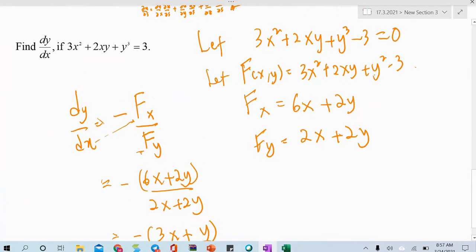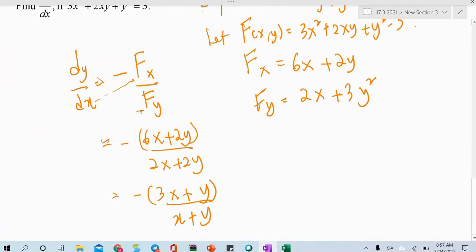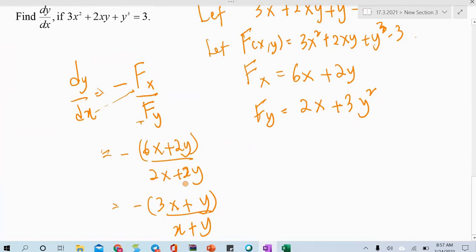This is y cubed. Again, check. This is 2y squared. Sorry, it's 2y. It will be 3y squared. So here is 3y squared.